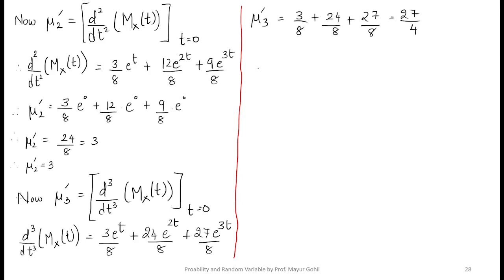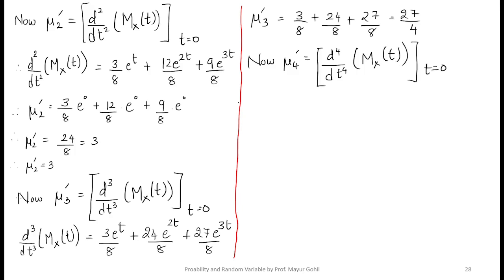Now we calculate for mu4. So now mu4 dash is the fourth derivative of MX(t) evaluated at t equal to 0. So the fourth derivative is basically, we take the third derivative, which we had already done, and do the derivative over it.